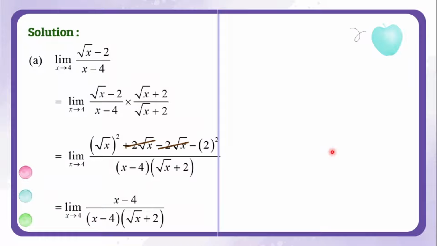And we get limit of x minus 4 over x minus 4 times √x plus 2 as x approaches 4. Since both numerator and denominator have x minus 4, we can cancel it and leave limit of 1 over √x plus 2 as x approaches 4. Then we substitute 4 into √x and get the limit value is 1 over 4.